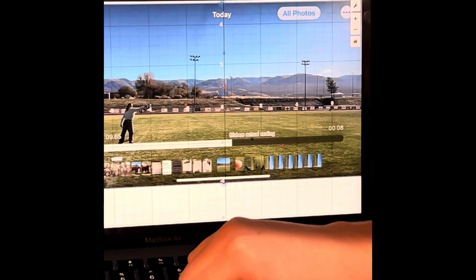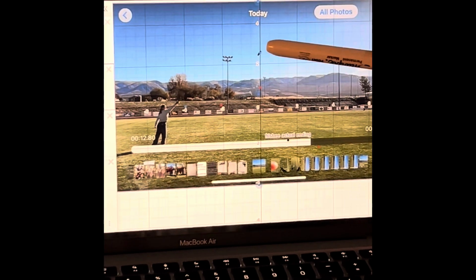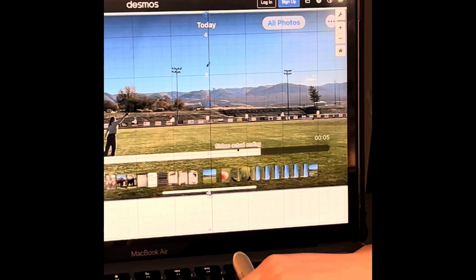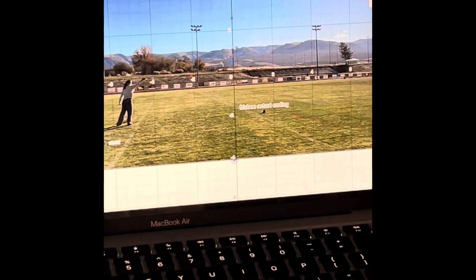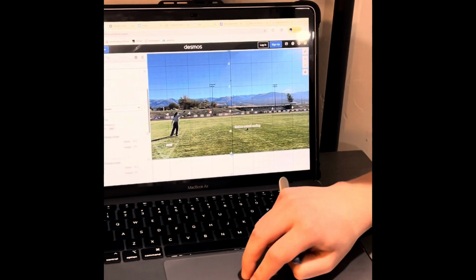The next one, we have a screenshot of this Frisbee right here at the vertex, and then we have the ending of the Frisbee, and we put points on all of these so that we can graph our parabola later.